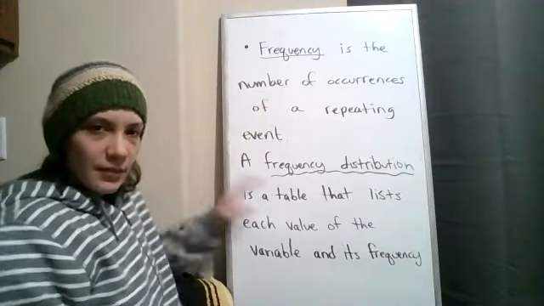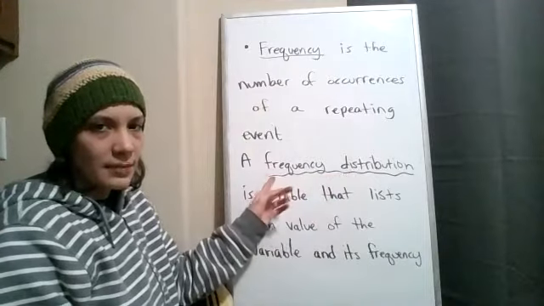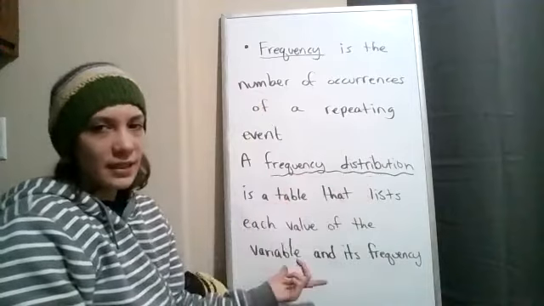So this is sometimes called a frequency table, but in stats, it's a frequency distribution for your list of data.